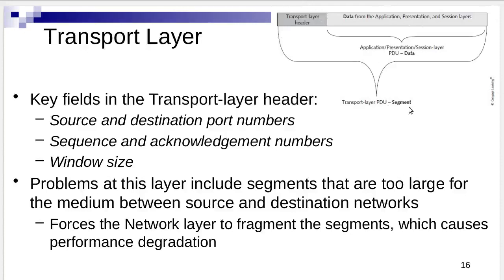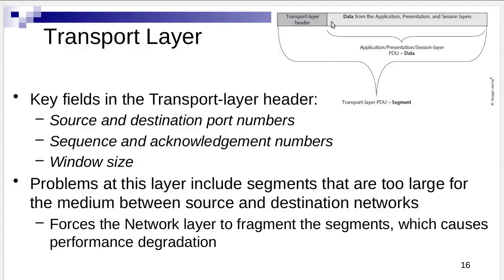We'll call it segment, although if you look online, not everyone's consistent about this. Some people call it datagram and some of the other things, but to reduce any kind of confusion, we'll call things that happen at transport layer segments. That's the protocol data unit name.